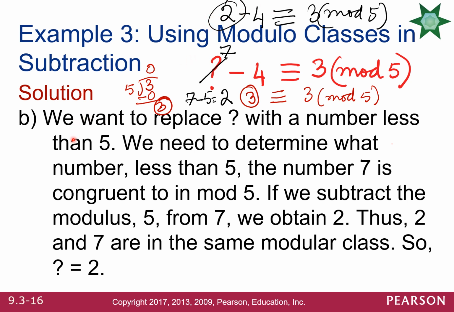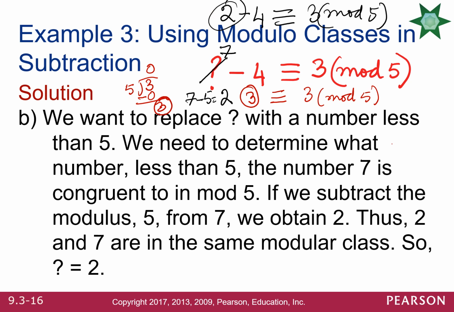Here it says we want to replace the question mark with a number less than 5. We need to determine what number less than 5 the number 7 is congruent to in mod 5. If we subtract the modulus 5 from 7, we obtain 2. Thus 2 and 7 are in the same modular class. They will have the same remainder. So the question mark is to be replaced by 2.